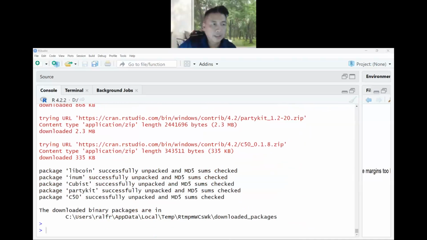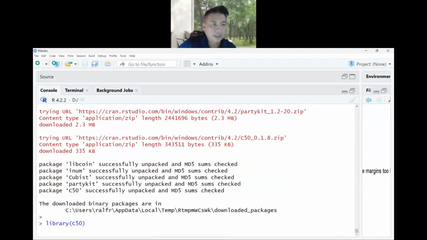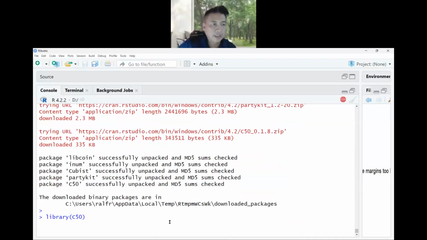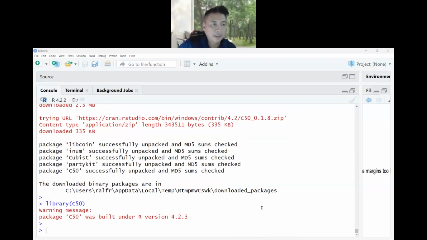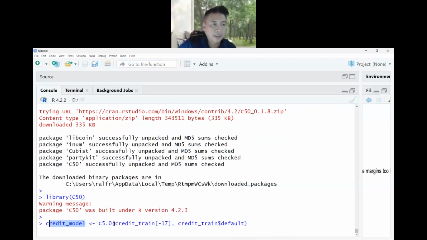Then I load it into memory, and I will use that to model this credit model. I call this model decision tree, and I will include all the columns except the last column, because the last column is the label column, and the label I put here.